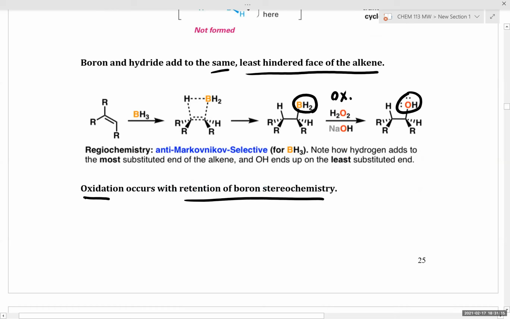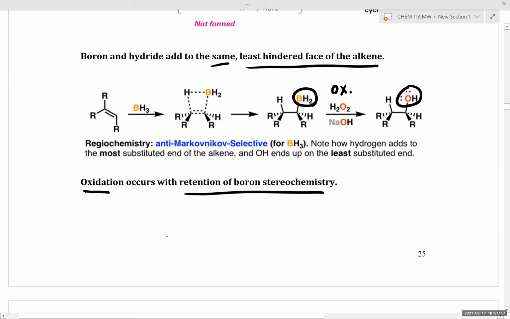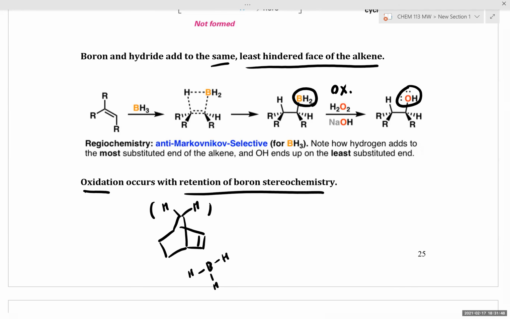So an example of this would be, we're going to see this example momentarily, but if you have a ring system like so, where the top face has this hindered blocking group, then hydroboration will selectively occur from the bottom face because the bottom face is the least hindered. This is an example of facial selectivity brought about by differences in the steric environment of each face.